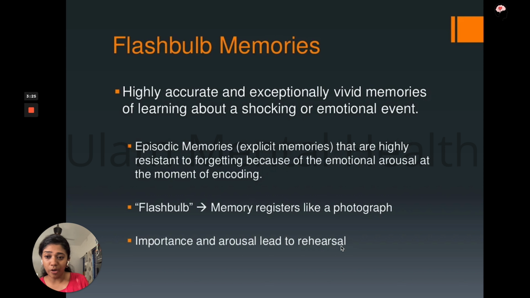I'm very sure a lot of you will remember how you saw your 12th grade results. I remember we used to have these internet cafes, right? So I remember which cafe I saw my result in, or what I was doing when the tsunami hit us. Where was I when the ex-chief minister, Jayalalitha, passed away?